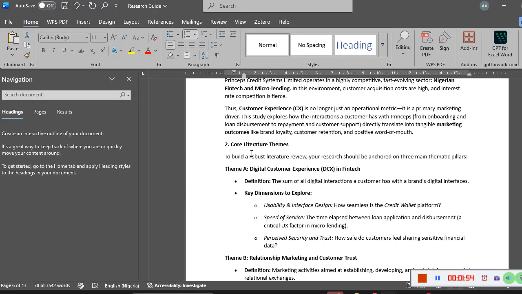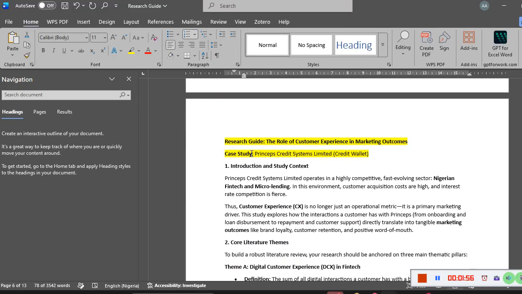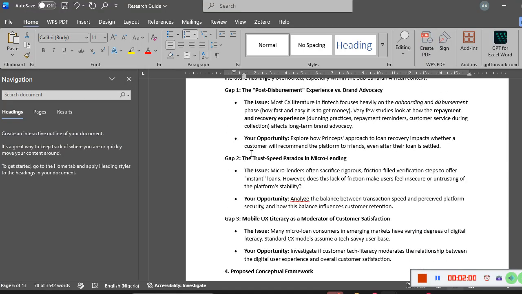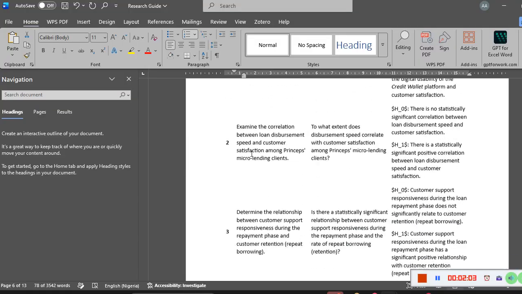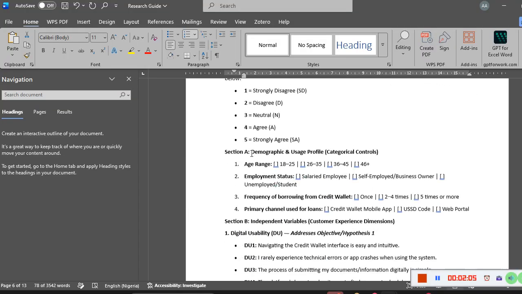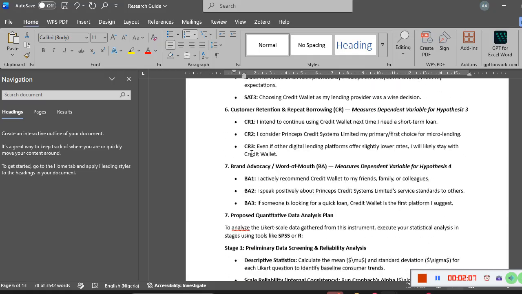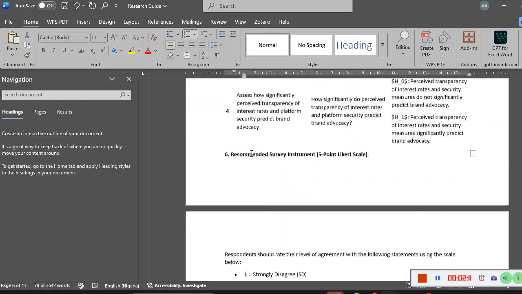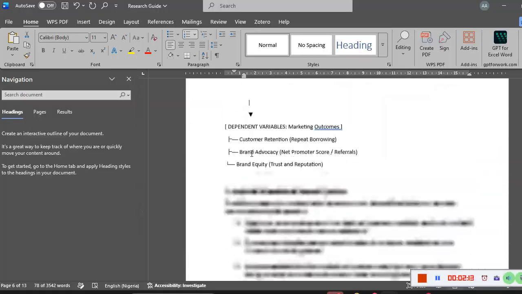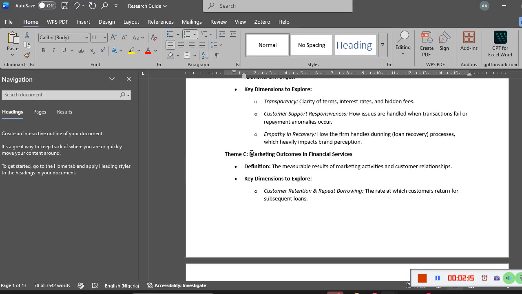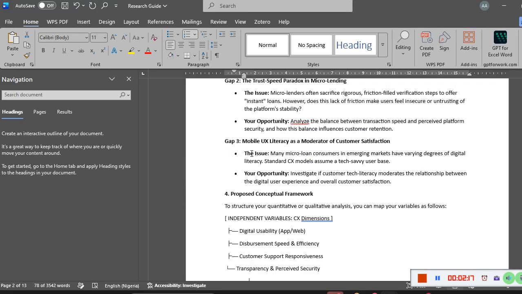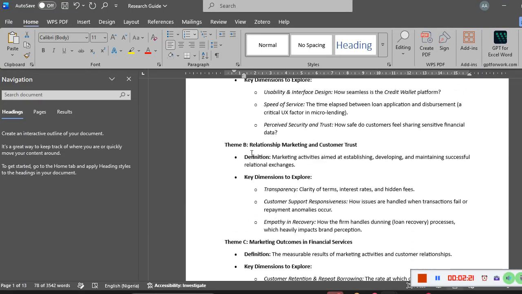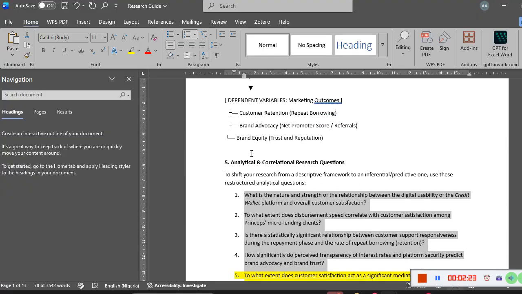Okay, so I think this is the updated one, yeah, exactly. This is the updated one with the research questionnaire. So now let me pick the research question and redraft it.